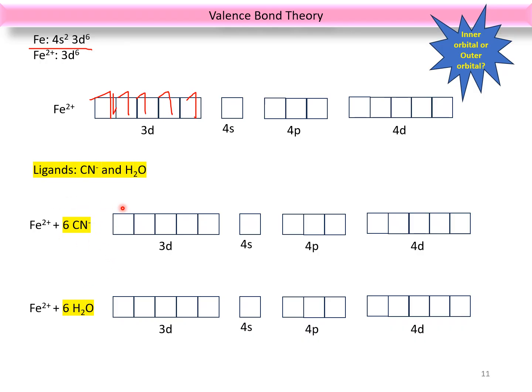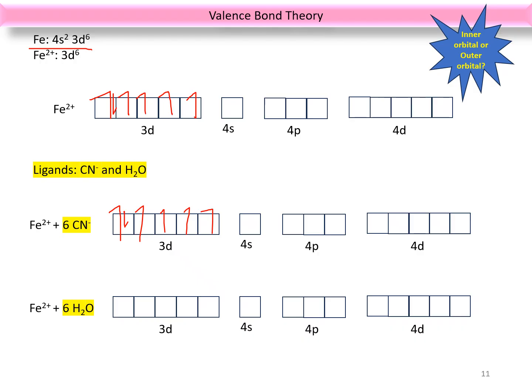So cyanide contributes 2 electrons. How does this hybridization occur? This is your iron 2 electrons. Cyanide is a strong ligand. What is defined by a strong ligand?